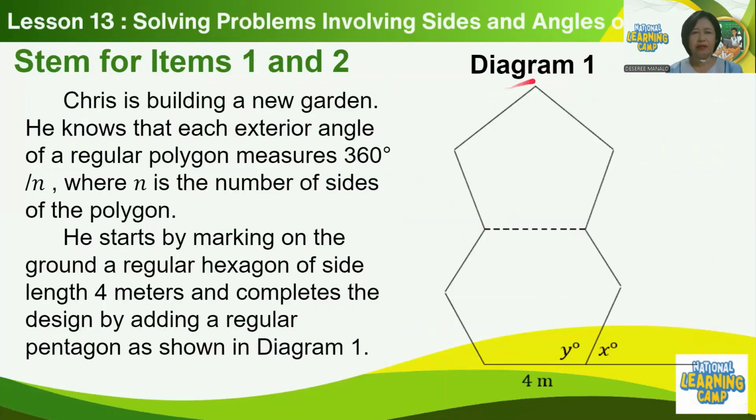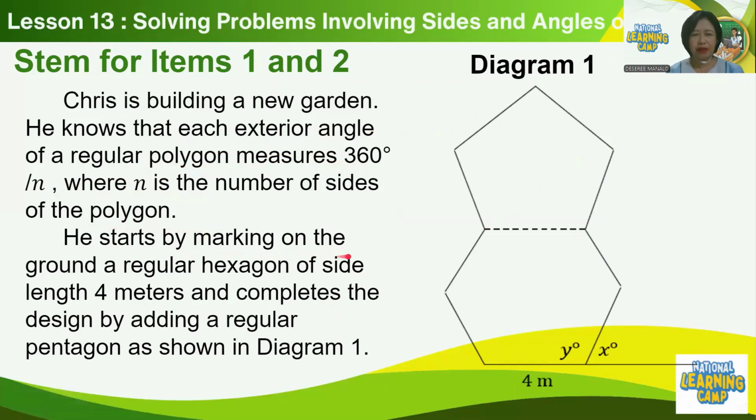Regular polygon. Stem for items 1 and 2. Chris is building a new garden. He knows that each exterior angle of a regular polygon measures 360 degrees over n. That is the formula for exterior angle, where n is the number of sides of the polygon.